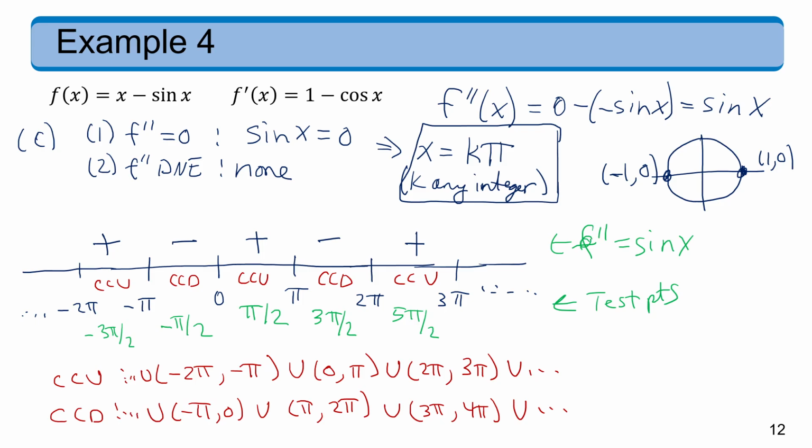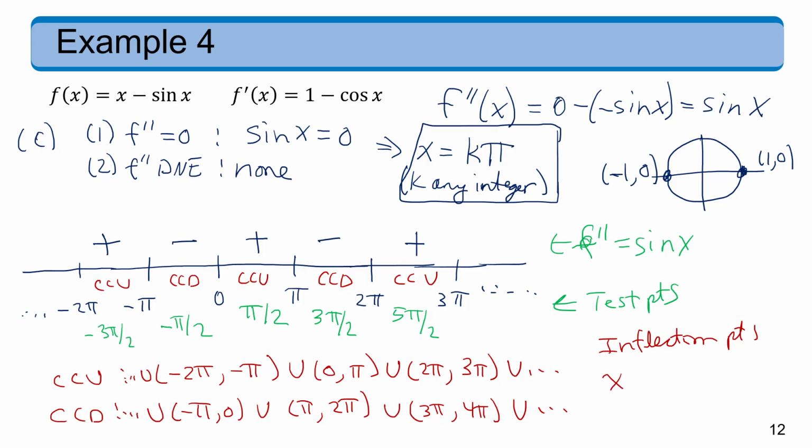Now let's list our inflection points. So every point we marked here turns out to be an inflection point. Sometimes they're not, right? If you have two pluses in a row, the point in between would not be an inflection point. But here it changes concavity at all of these. Normally we list these as ordered pairs, but I think that's going to take a little too long. Let's just list the x-coordinates.